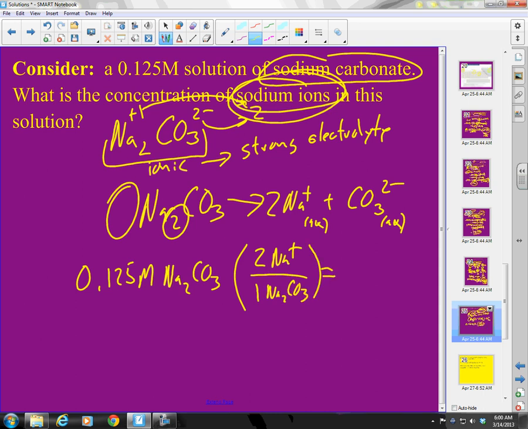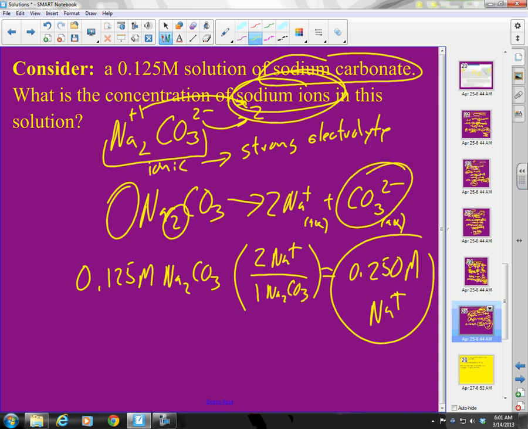Then I'm going to take 2 times 0.125, and I get 0.250 molar sodium. Cool. And what would it be in terms of carbonate? Well, I have 1 carbonate to 1, so it would be 0.125 molar carbonate. Got it? Hey, piece of cake.